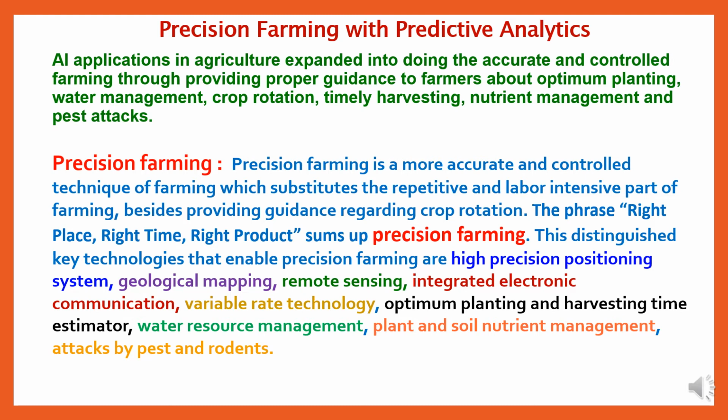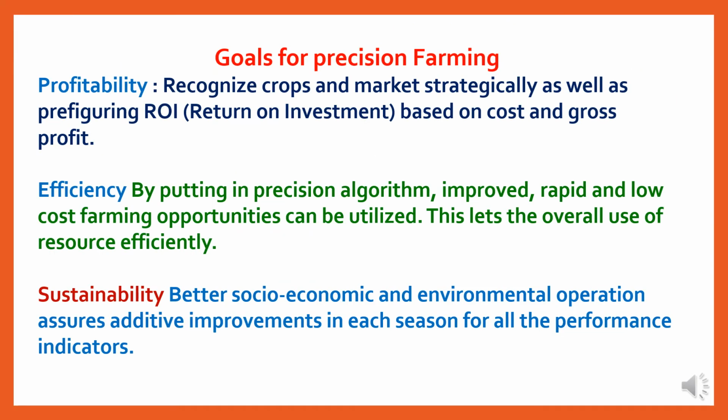The distinct key technologies that enable precision farming are high precision positioning system, geological mapping, remote sensing, integrated electronic communication, variable rate technology, optimum planting and harvesting time estimator, water resource management, plant and soil nutrient management, and attacks by pests and rodents. What are the goals for precision farming?